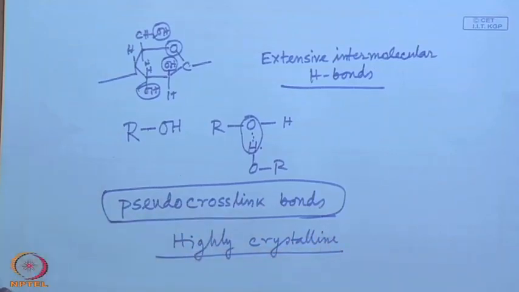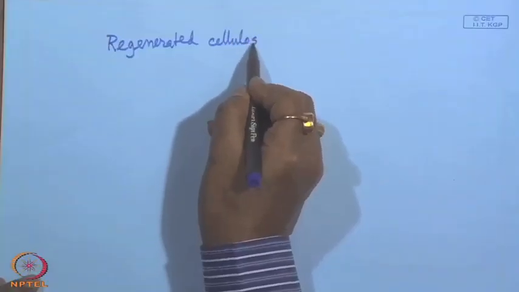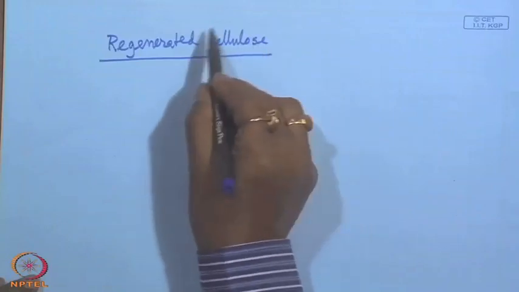So, highly crystalline cellulose degrades at a much slower rate than irregular, branched and non-crystalline starch. If the crystallinity in cellulose can be reduced by some chemical treatment, we get regenerated cellulose. This is also cellulose.